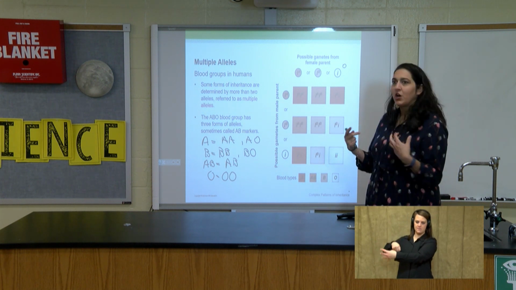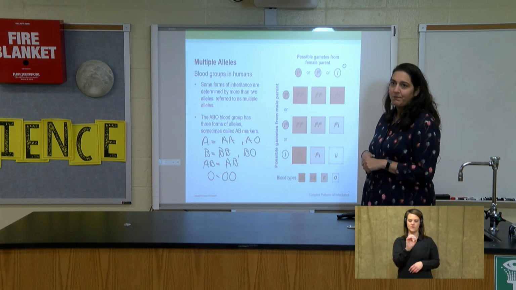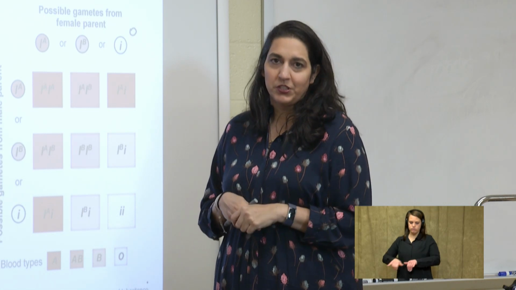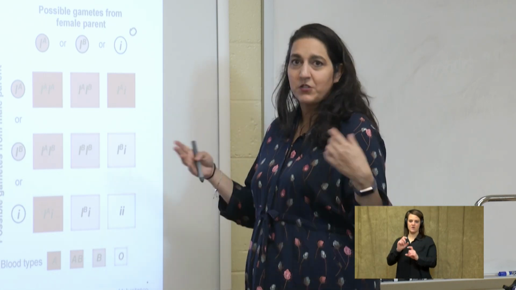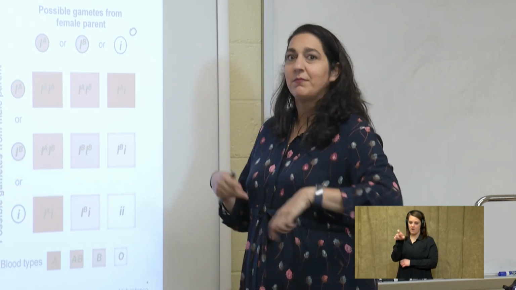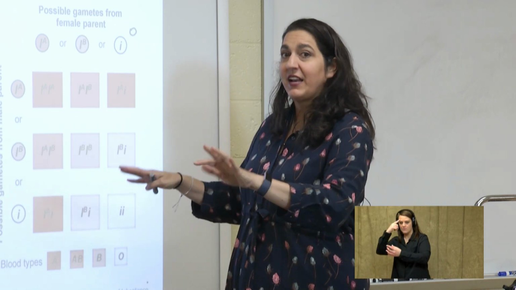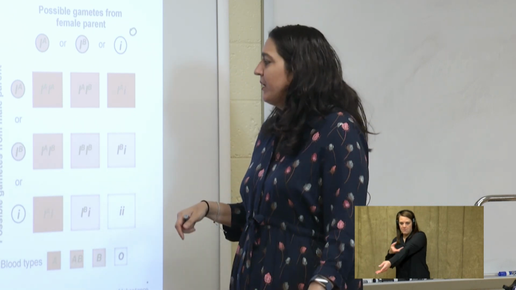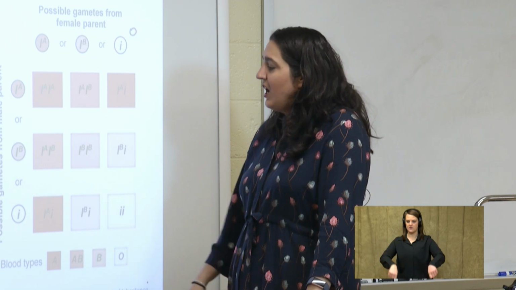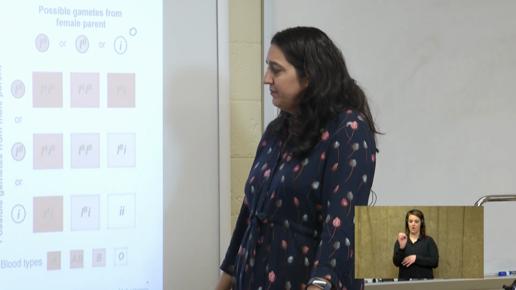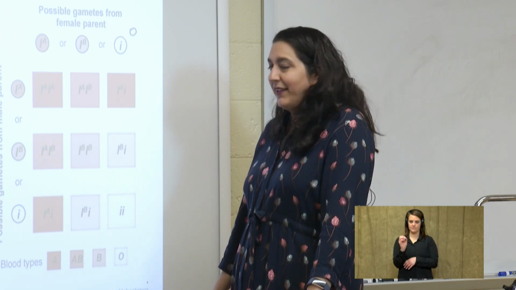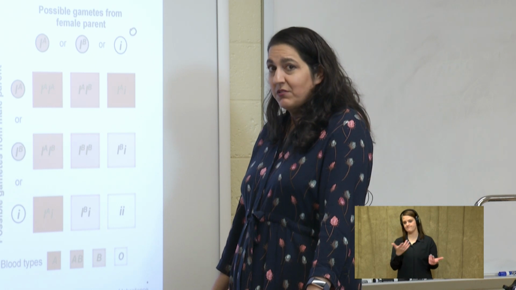So O is what we call the universal donor. If you have type O blood, as you grow older, you'll recognize the Red Cross will call you a lot for donations because they can give it to everybody in an emergency. Now, if you are O, unfortunately, you can only accept O-type blood.